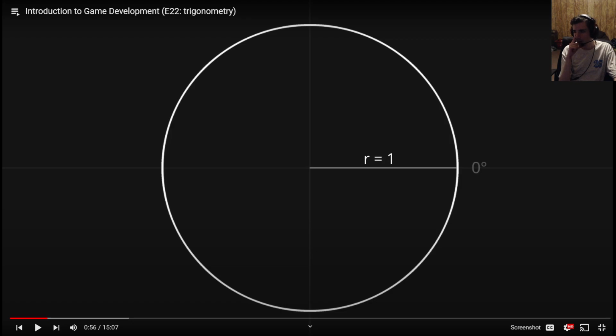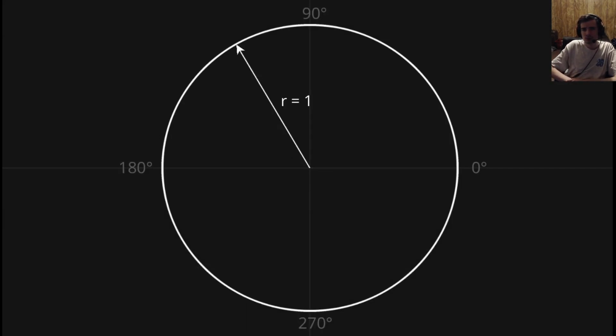Isn't there arcsine? Isn't there like opposite sine and opposite cosine? I honestly forgot a lot of trigonometry, actually. So ignore what I said earlier. Degrees here on the right, and increasing anti-clockwise.